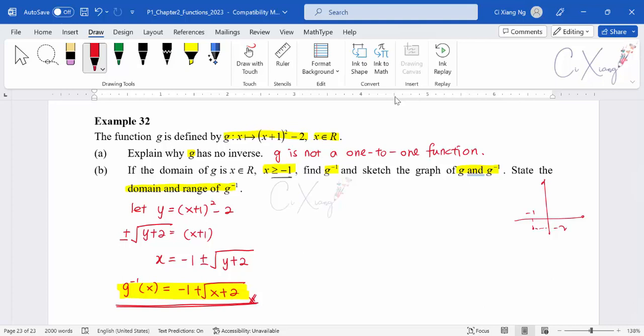Of course, I'm interested to know the x or y intercept. If you want, you can try to find the y-intercept. The y-intercept means you let x equal to 0. So 0 plus 1, 0 plus 1 squared is 1. 1 minus 2, you get -1. So that means if you sketch this diagram, it will pass through -1. So I think my graph should be something like this.